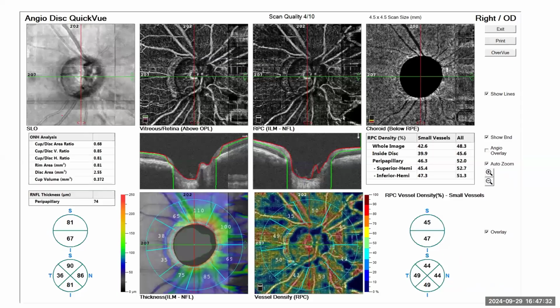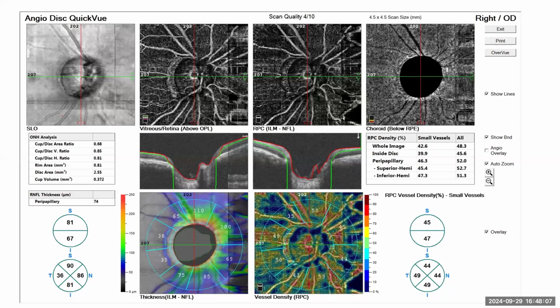Now, this is the vessel density printout of the patient, and I'm going to highlight some important things on it. For the upper part, you see the scan. I've removed the biodata part of this test to protect the patient's interest, so the name, age, sex, and time of scan have been taken out.